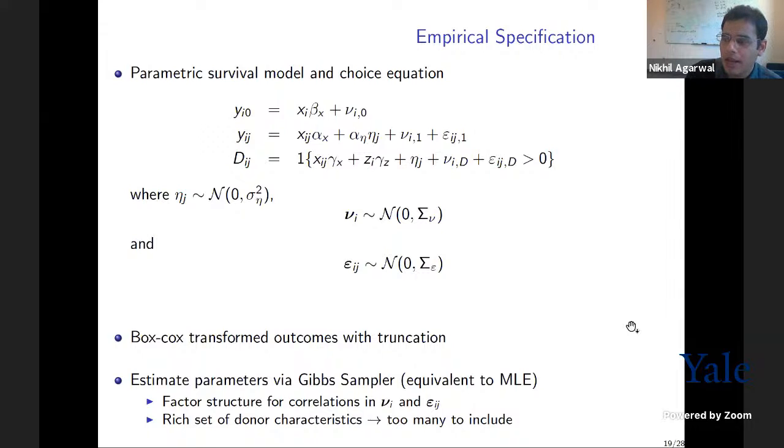The reason we can't make it time varying, and we would love to, is that we only observe one yes for any patient, because once you say yes, you get the transplant and you're done. Similarly, we only observe one outcome for a patient, one survival outcome, whether you get a transplant or not. So since we don't have repeated measurements, it's hard to include time varying unobservables.